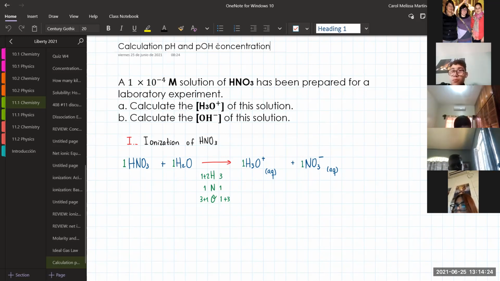Okay. After this, we're going to write the mole ratios of each part of the reaction. So for nitric acid, I have 1 mole of nitric acid. For water, I have 1 mole of water. For hydronium ion, I have 1 mole of hydronium ions.